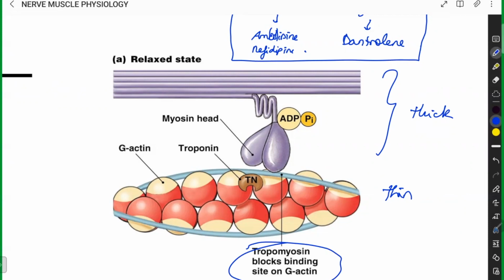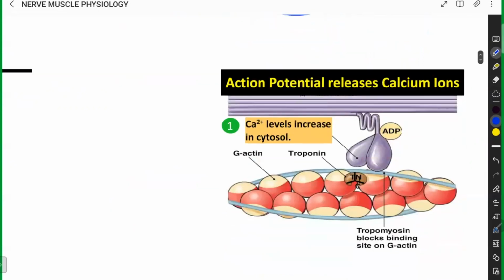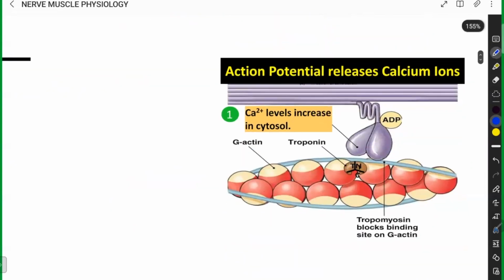Now, when there is an action potential, there is calcium release. Remember, there is calcium release. This calcium enters the cytoplasm and first binds with troponin. Which troponin?